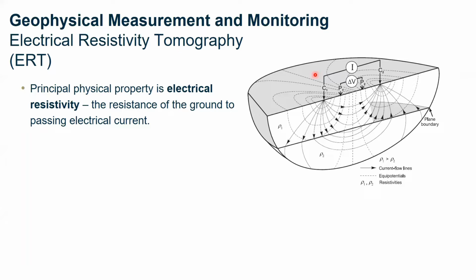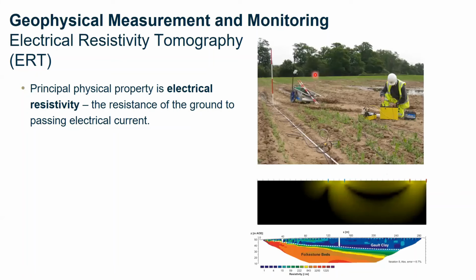And thanks to Ohm's law, we're able to have access to the resistance, which multiplied by a geometric factor gives us the electrical resistivity, which in a sense is the resistance of the ground to passing electrical current, and it's basically the opposite of electrical conductivity.